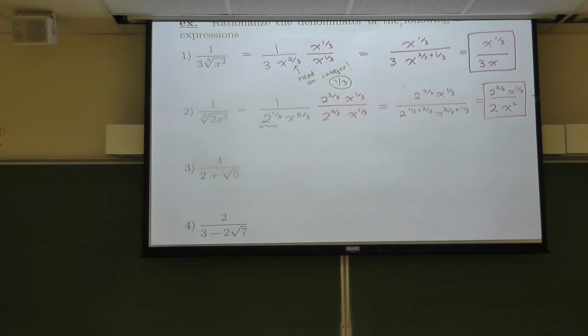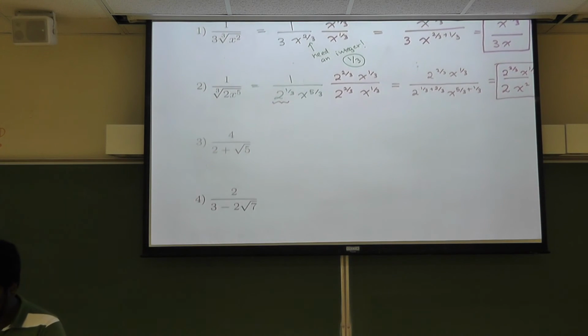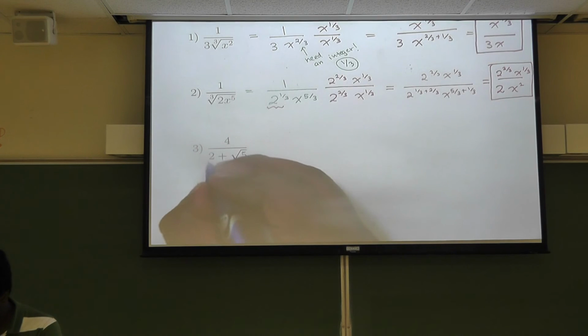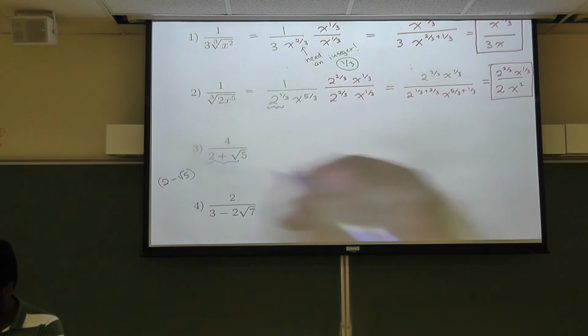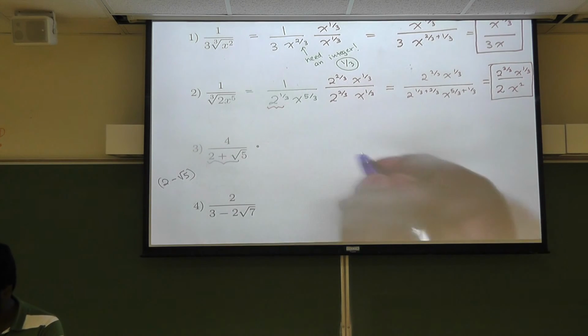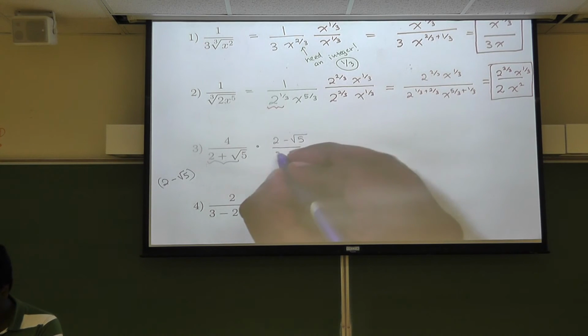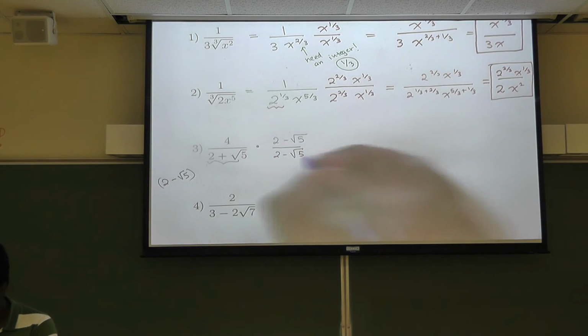Now the next example is different because it's multiplying by the conjugate, and if you remember, in class we did some conjugate questions. So the conjugate of this would be 2 minus square root of 5. Okay, so let's multiply the top and the bottom with 2 minus root 5.